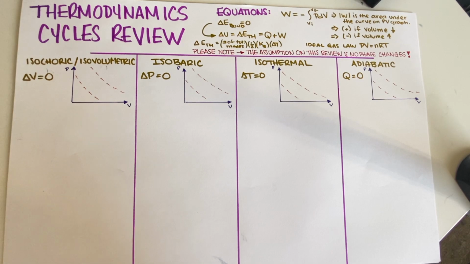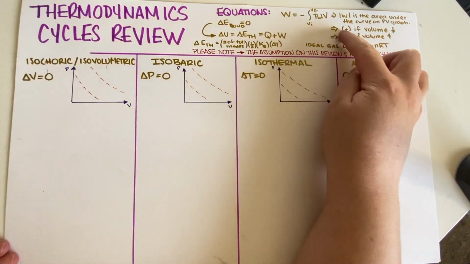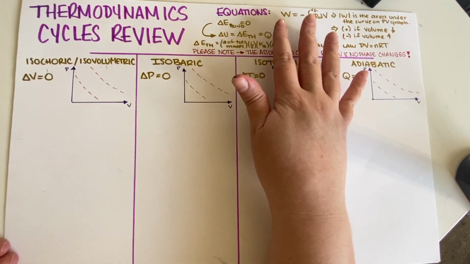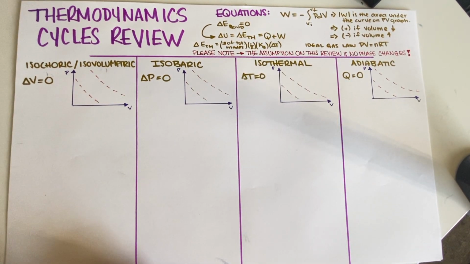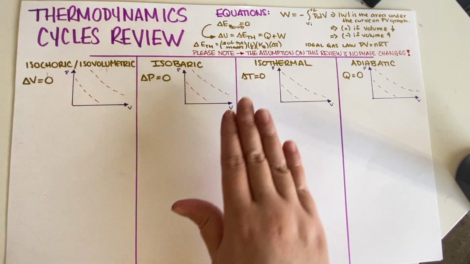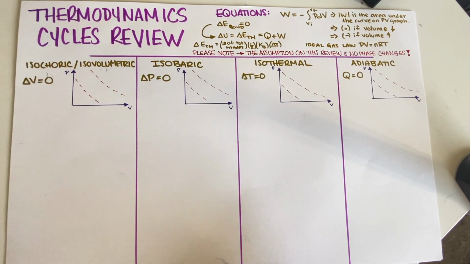So the first thing that you'll notice is that I have my equations over here. These are the general equations, and they are going to be useful for every single type of process.